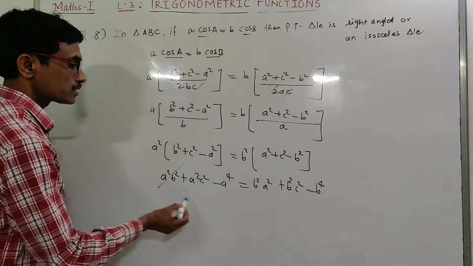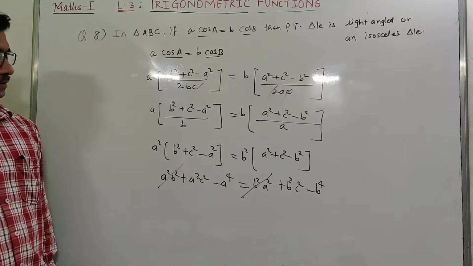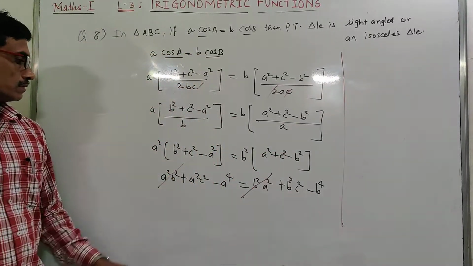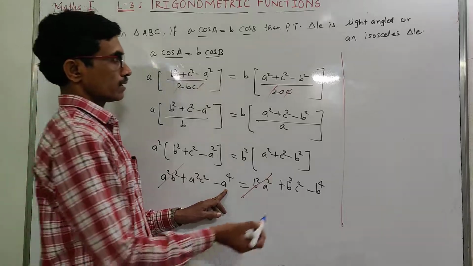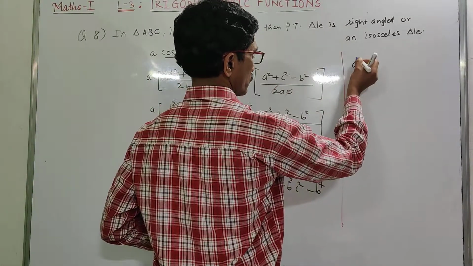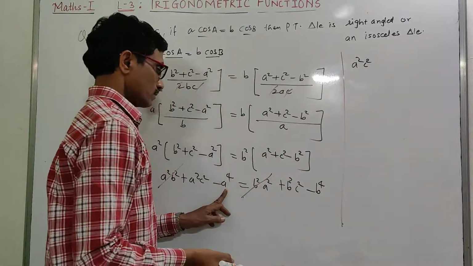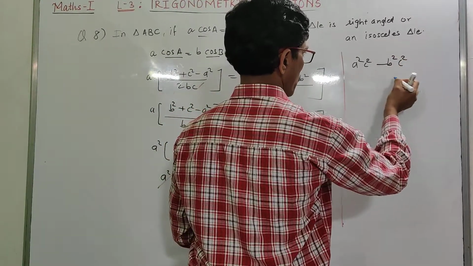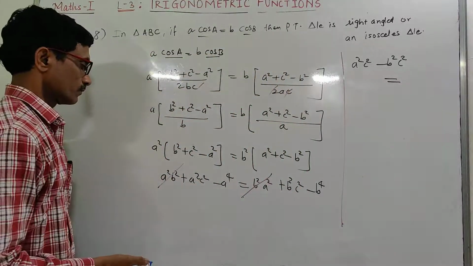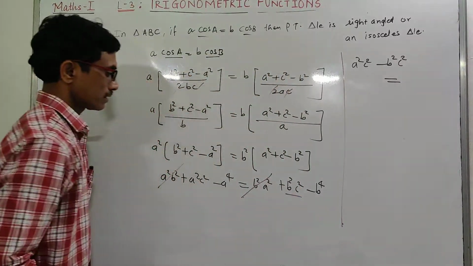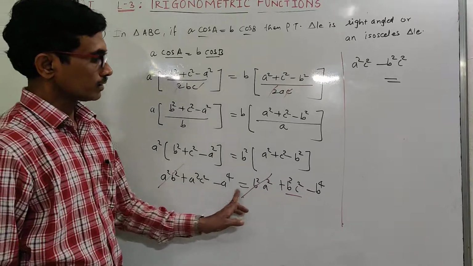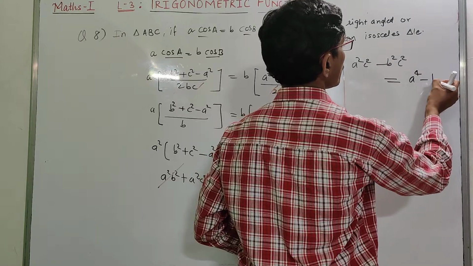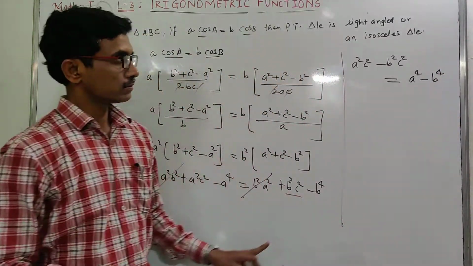So again this a square b square is getting cancelled. Then what is left? Here a square c square minus b square c square, and on the right hand side we take this b square c square to the left hand side, a to the power 4 we take to the right hand side, a to the power 4 minus b to the power 4.